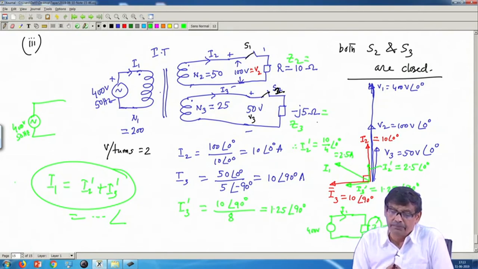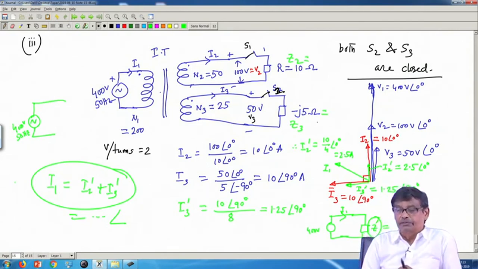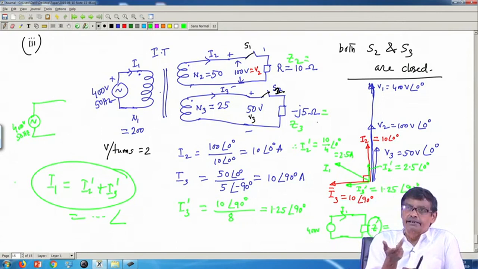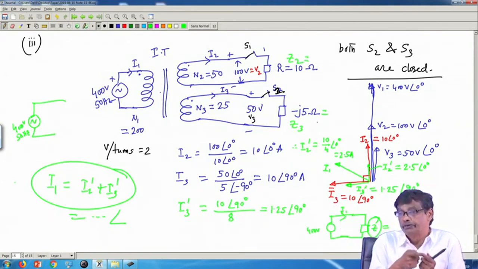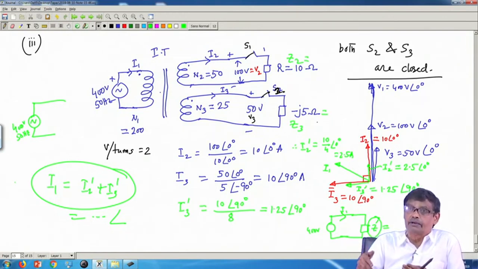So, I hope you have understood that if it is an ideal transformer, magnetizing current is 0 and everything is so simple. If any secondary coil carries current, the primary coil will immediately draw reflected current corresponding to that winding current. What will be that reflected current? If it is I 2 on the secondary coil, it will be I 2 dash. And we have also seen how to take any general impedance into account.